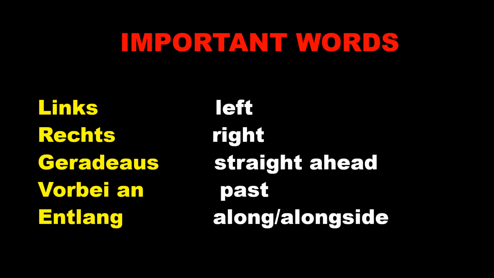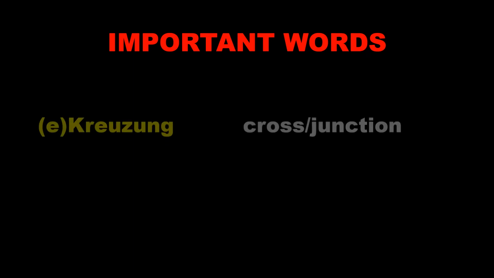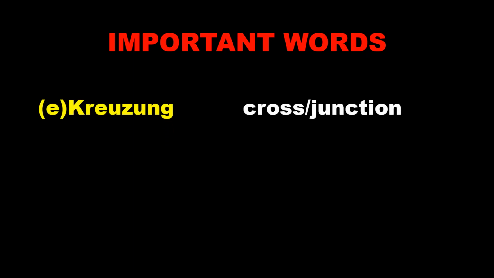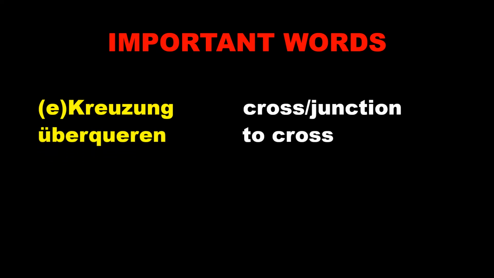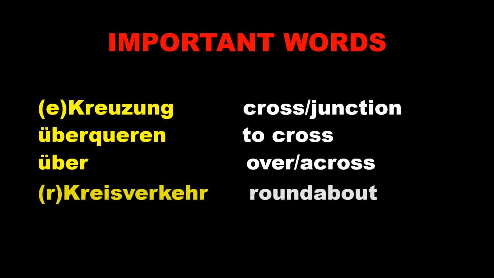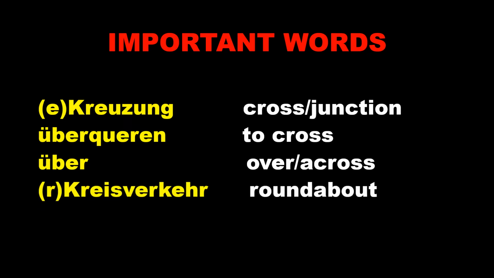Let's go ahead. Let's see few more important words related to directions. Die Kreuzung, cross or junction. Überqueren, to cross. Next word is über, over, across. Kreisverkehr, roundabout.